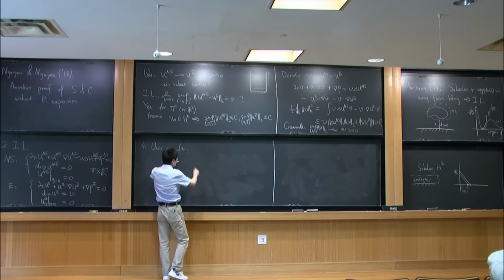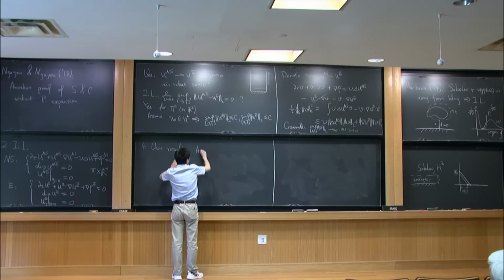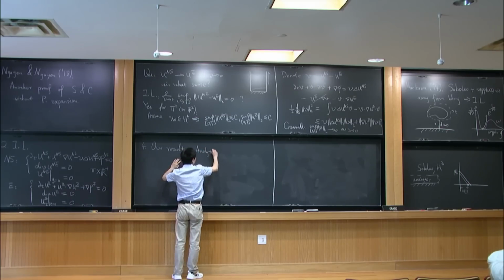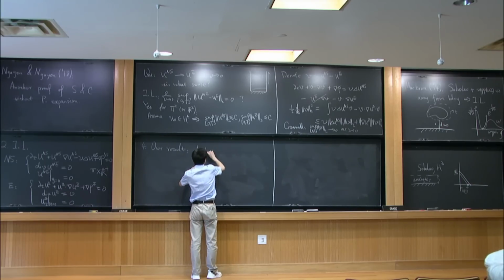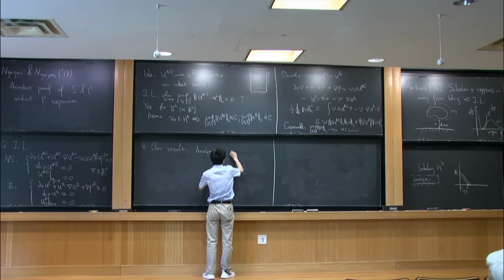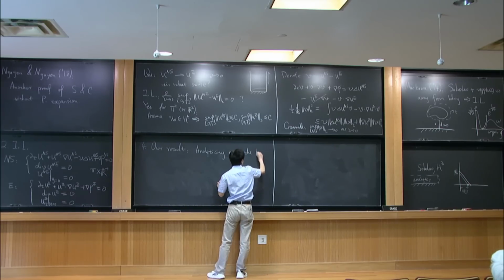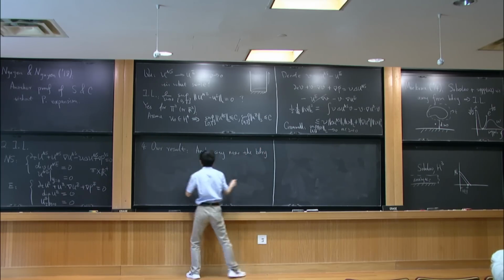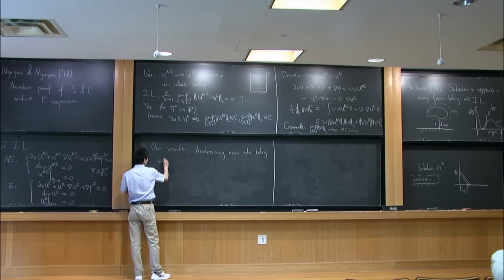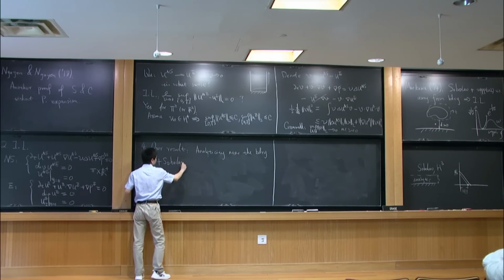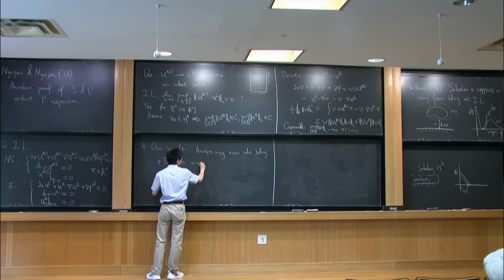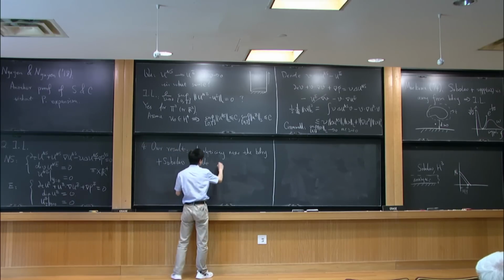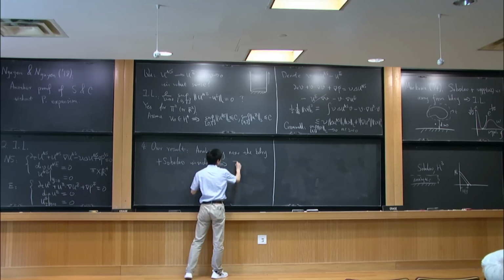Our result basically is analyticity near the boundary plus Sobolev inside the domain. This would imply this inviscid limit.